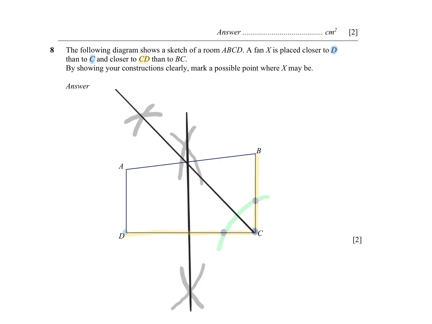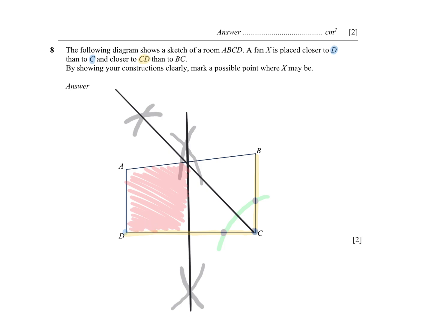Okay, thanks. Okay, so with these two, they say, can you mark a possible point where X must be? They never say must shade, they only say mark a possible point. So what you know is I need to be closer to D. So this part. Or you can shade. Okay, but this is the part that I need to be closer to.